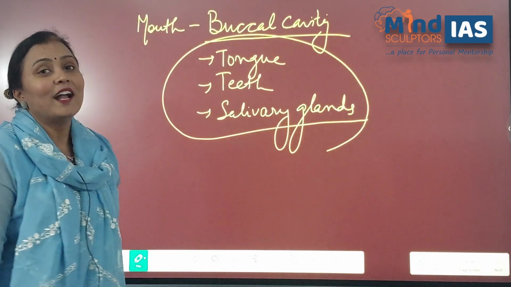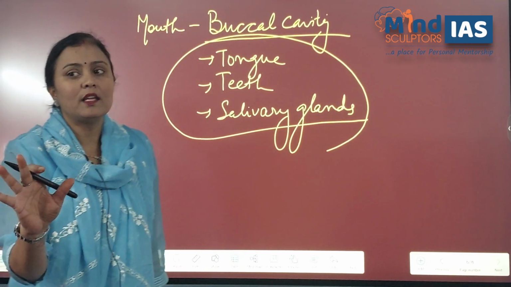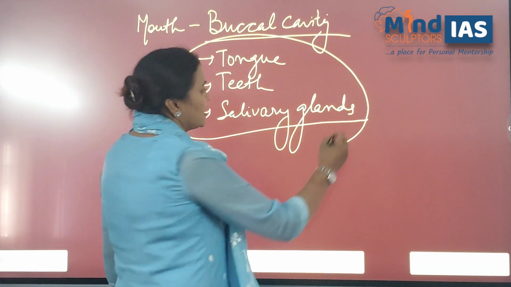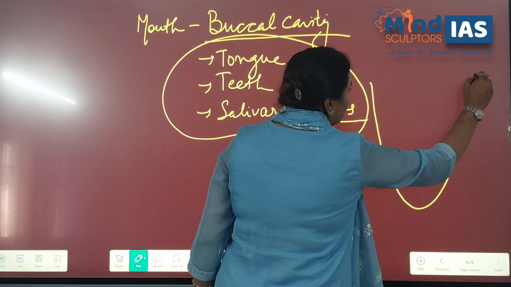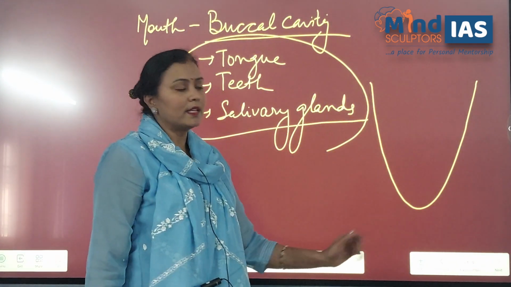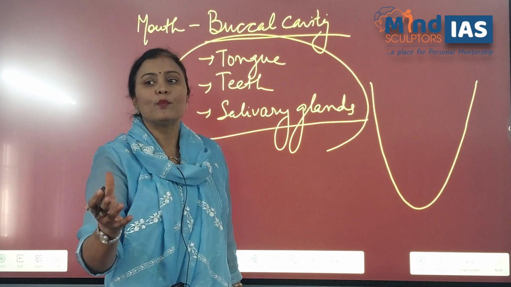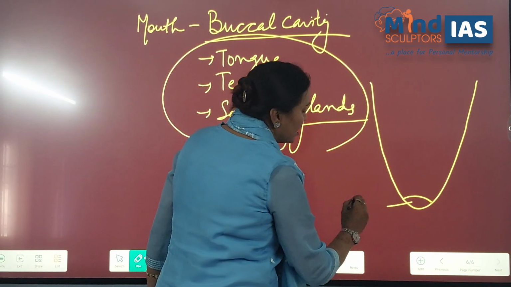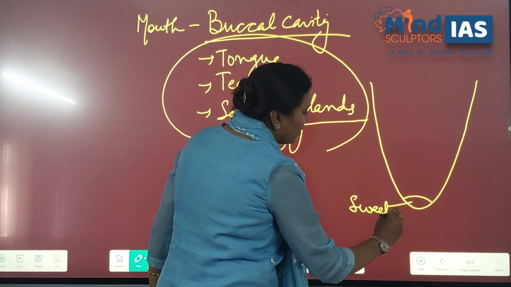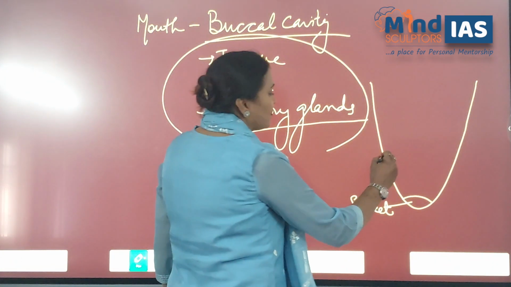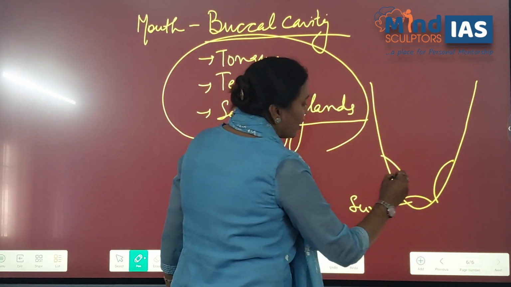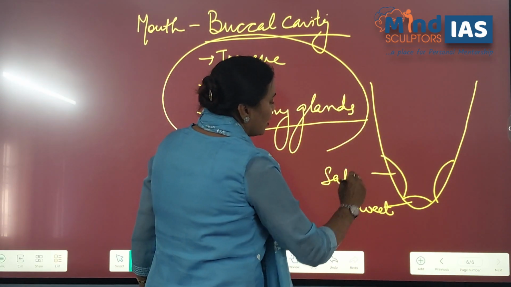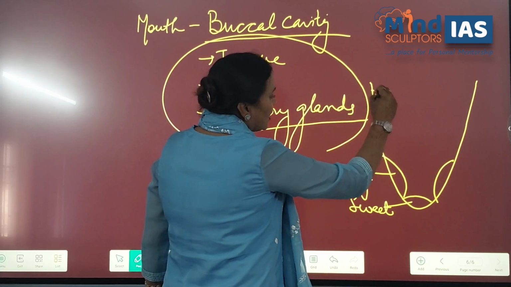The tongue consists of many regions for different tastes. If you see the structure of the tongue, it is somewhat like this, and the entire tongue is divided into many regions. This front region is for sweet. This region is for salty.